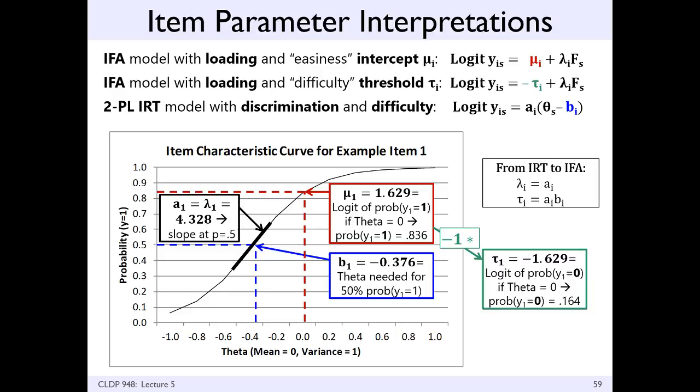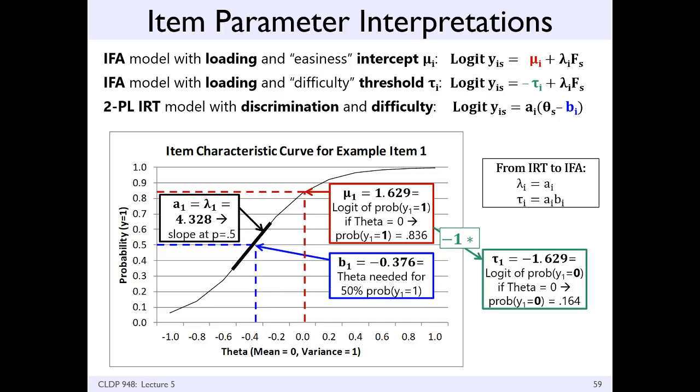And hopefully looking at the documentation of the program can help you figure it out. So even though M+ directly estimates loadings and thresholds, I find it far more convenient to rearrange them into A's and B's. A's and B's to me are more meaningful and easier to convey to people, but it really is six of one, half a dozen of the other.